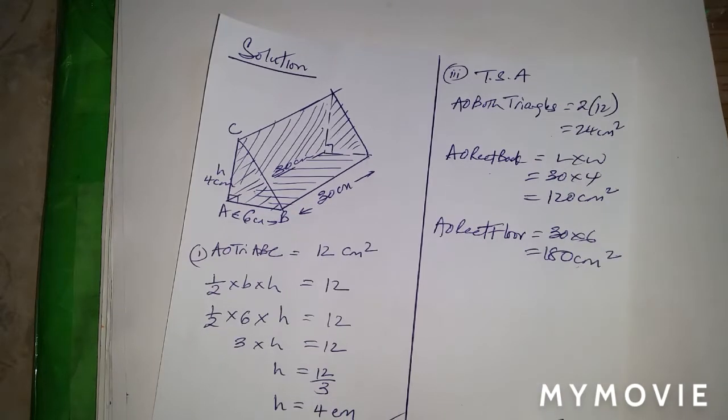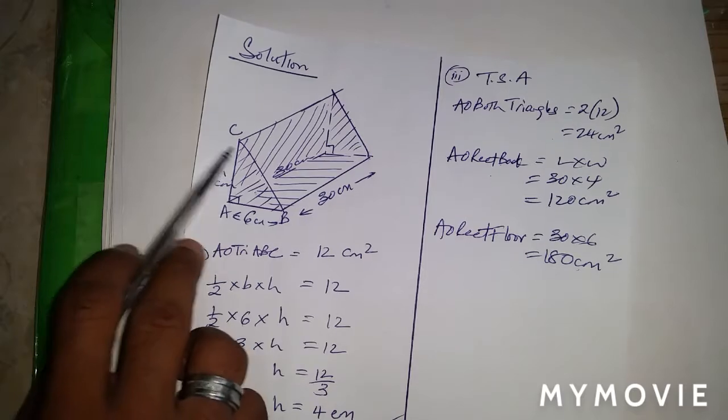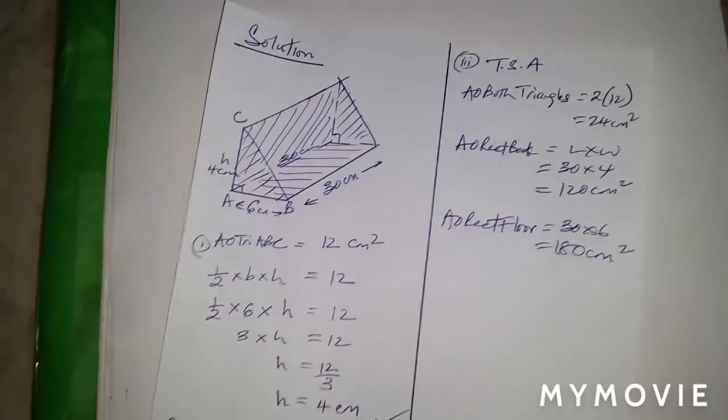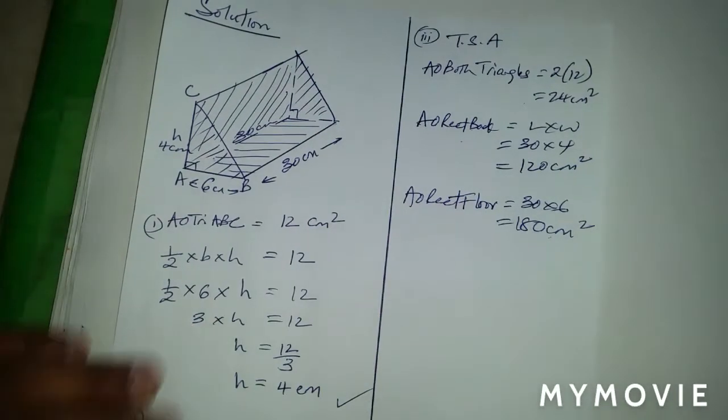Now, there's another face that somebody didn't look at carefully, and that one is a little bit difficult to see. So let me see if I can emphasize that a bit.